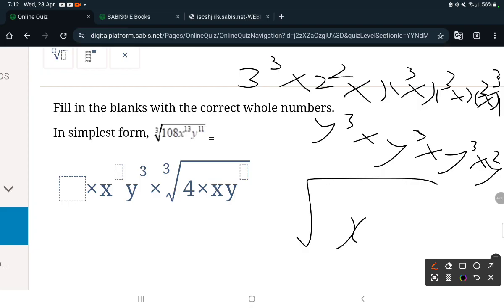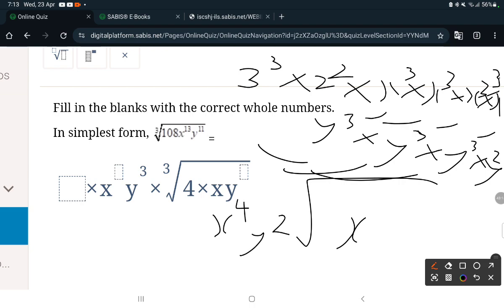So we take out y cubed, x cubed, x to the power of 4, y squared, and then we have 3 cubed, which becomes 3, and we leave in the 2.